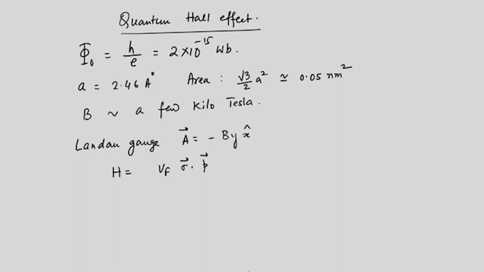And this Hamiltonian, in presence of a field, transforms into h cross Vf sigma dot (p minus eA). This is the standard prescription, which we call Peierls coupling, and this is how the momentum transforms and so on.